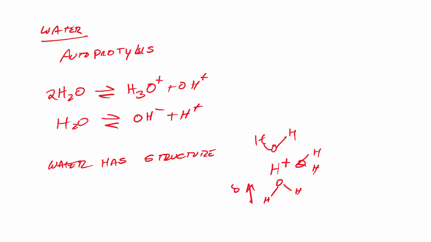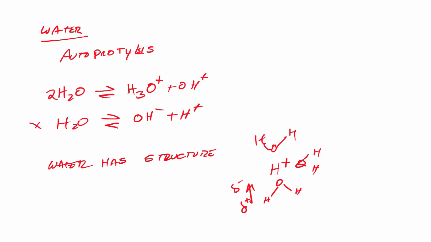Remember, this end is slightly negative and this end is slightly positive. So you're going to have this proton surrounded by a whole bunch of water, and the hydroxide surrounded by a whole bunch of water. This is how we dissolve a lot of things. This is why H+ is reactive: it is very small with a highly positive charge, so it's going to react with a lot of things.